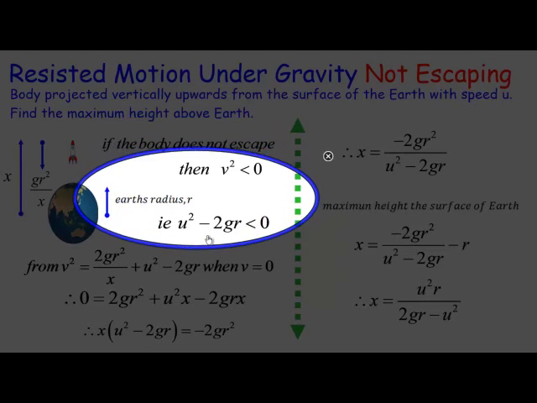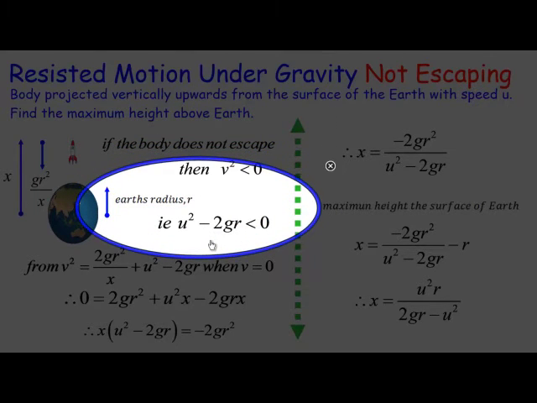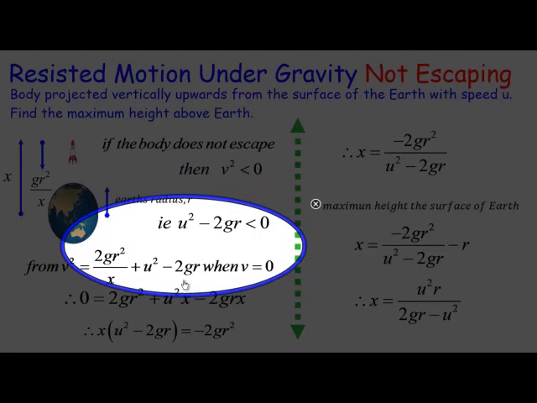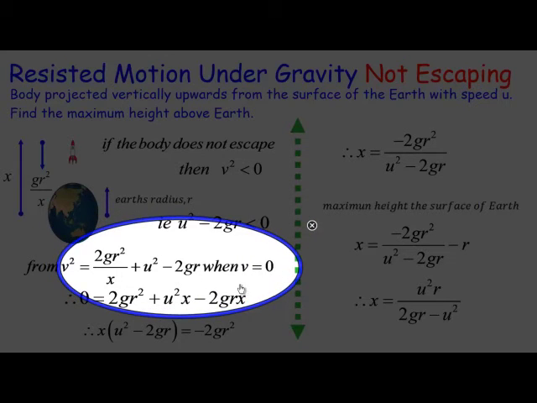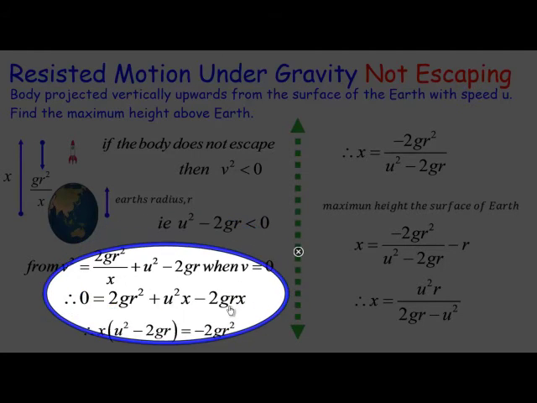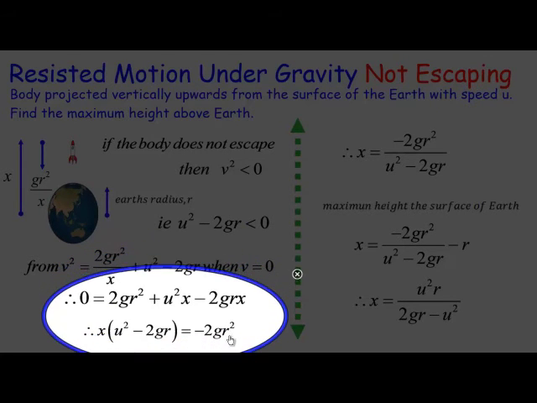That infers that u squared minus 2gR is less than 0. If you look at the expression v squared equals 2gR squared all over x plus u squared minus 2gR from before, we set the velocity to 0, because if it's not escaping, it'll come to rest at some stage.